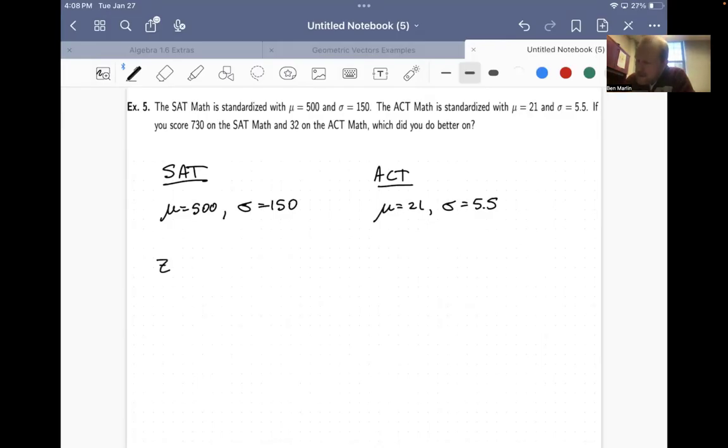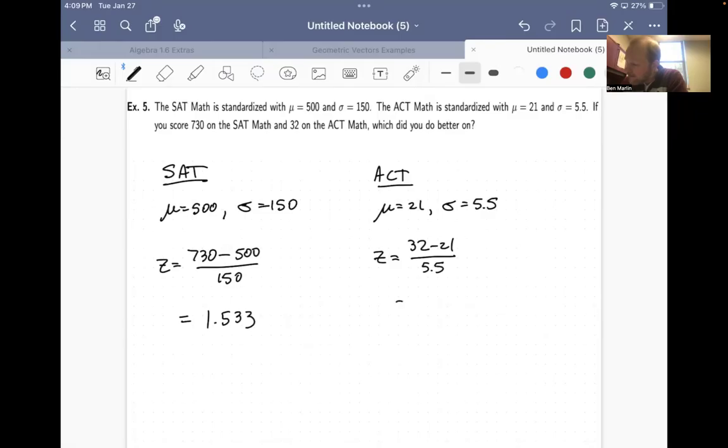So you figure out the z-score for each one of these. For the SAT, they got a 730. You subtract the 500 and divide that by 150. And so when you do that, you get positive 1.53, and then the 3 repeats. Then for the ACT, we're going to take their score of a 32 minus the 21 and divide it by 5.5, which, oh, for once, will be one that I don't need a calculator to do.